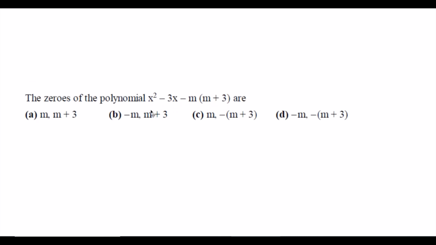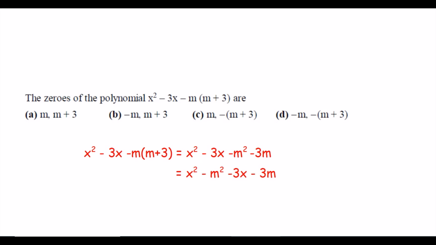Then here you see the zeros of the polynomial. This polynomial you can rewrite as x square minus 3x minus m square minus 3m. Now this x square and minus m square taken together, you can write as x square minus m square minus 3x minus 3m. Now this is in the form of a square minus b square, that you can write as a minus b into a plus b, that is x plus m into x minus m.